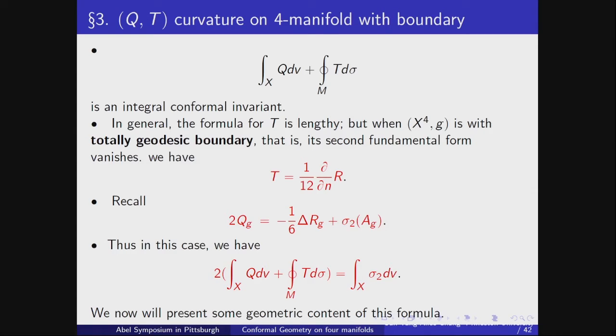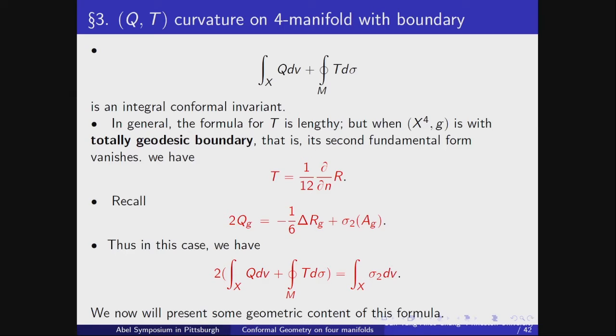It's d/dn of the scalar curvature. And remember that this Q curvature is just Laplace R plus sigma 2. In this case, the integration of Q plus the boundary integral of this Laplace R happens to have a coefficient which cancels out with that T. So on 4-manifolds with boundary, the invariant we are seeking is sigma 2 again.